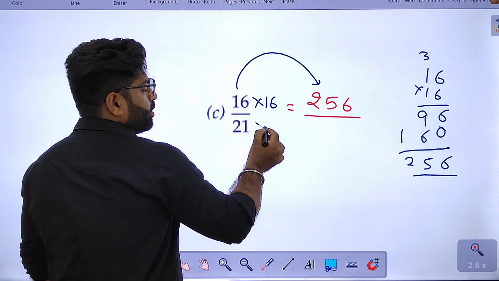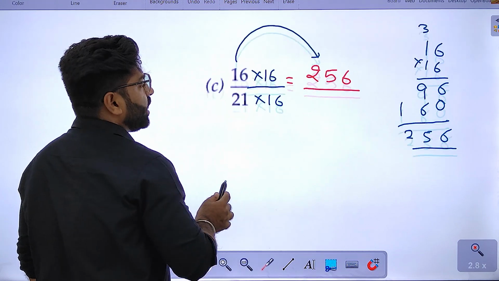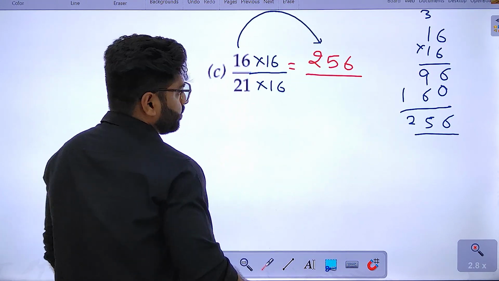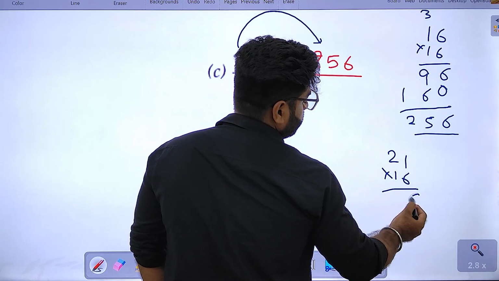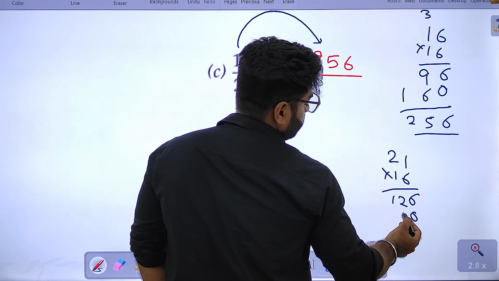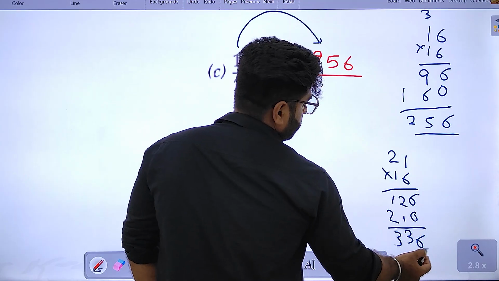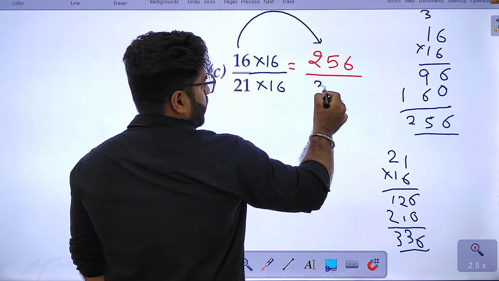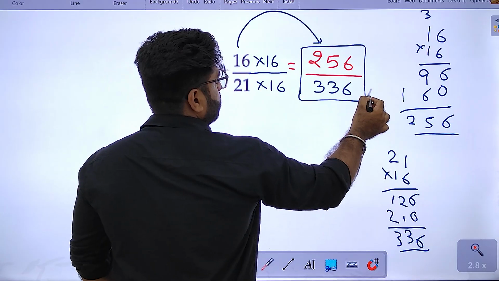So by this number we have to multiply again in the denominator and then we will have our final answer. So here we are having 336. So this is our answer.